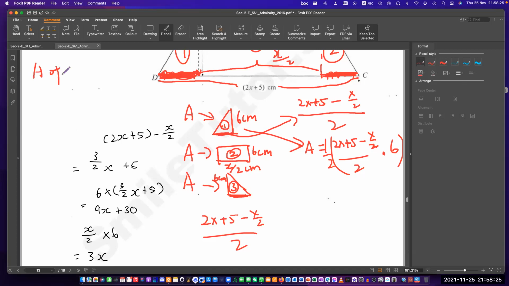Area of triangle is half times base times height. That's the formula. So I have demonstrated it here already. So you just do the bracket first. Those divide by 2, you get 3. Divide by 2, you get 1. So you just have this. So 2x plus 5 minus x over 2.